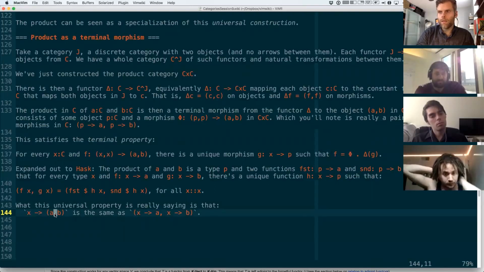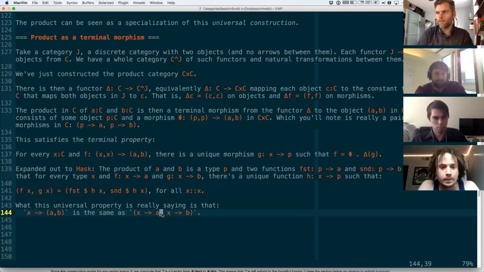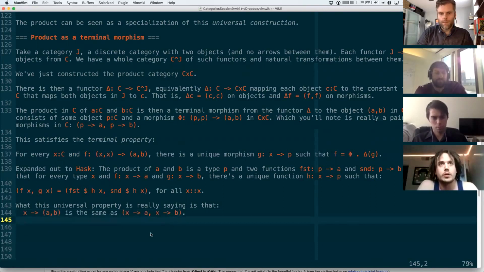If you have an arrow into a product in your category, so if your category has products and you have an arrow into a product, that's the same as having two or a product of arrows. But you can't represent that product of arrows unless you have like internal exponents, right? You can't? I don't think so.